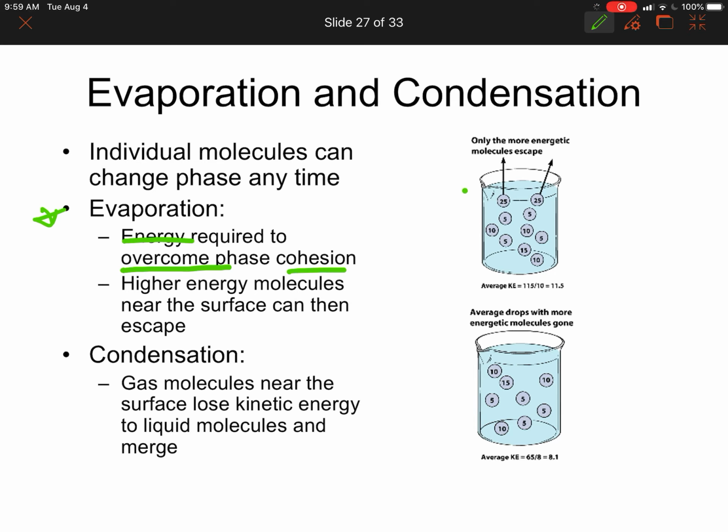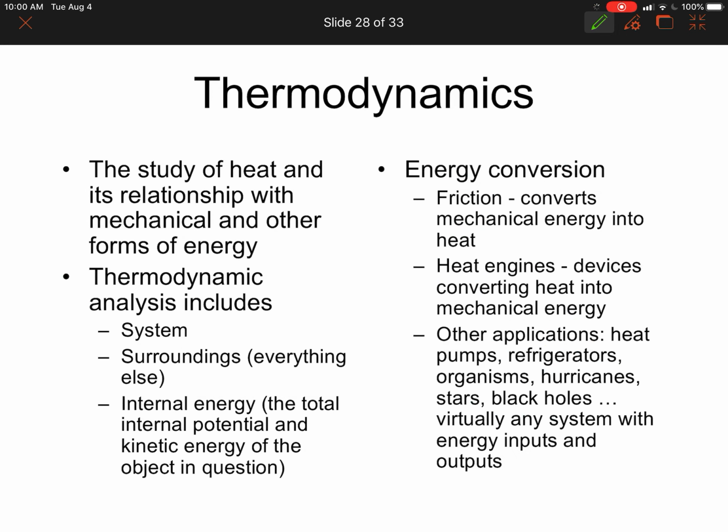And it's only happening on the surface. If you boil water, it takes everything off the surface, and the water level continues to go down. Condensation is when the gas molecules near the surface lose kinetic energy and start to go back into the liquid phase. So you've got to know the difference between evaporation and condensation.